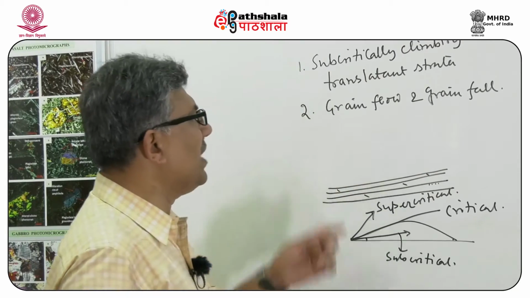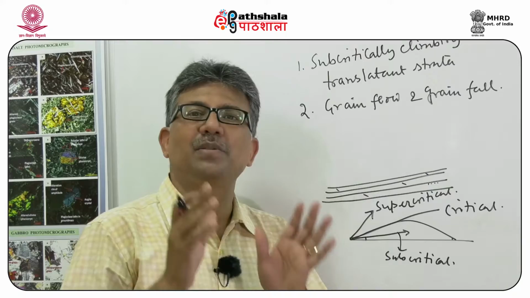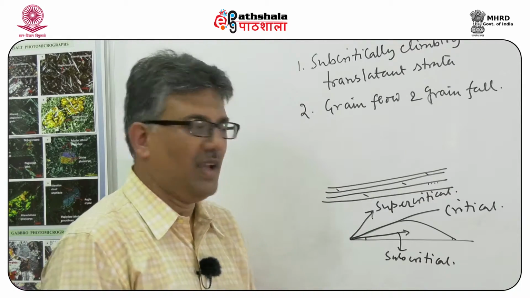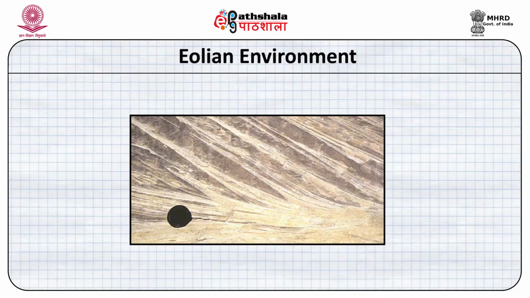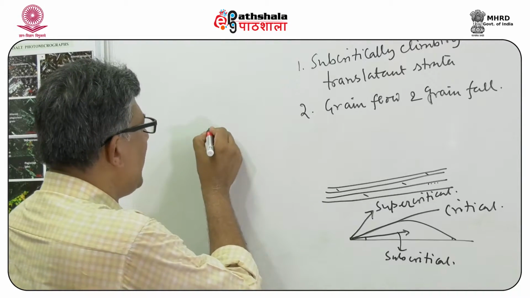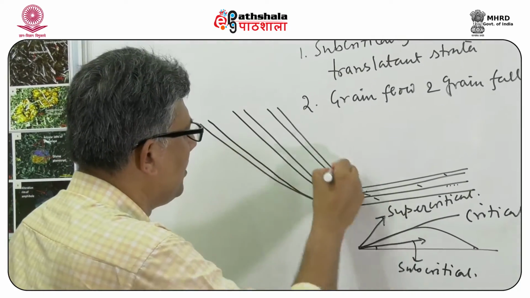We then come on to the grain flow and grain fall, which we commonly find because of the migration of the Aeolian large scale dune bedform. You will see that in the figure given in the text, but I also take the privilege to draw it and explain it. This is the pattern of a grain flow and grain fall.